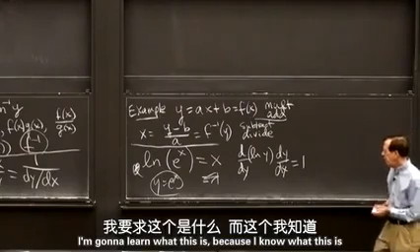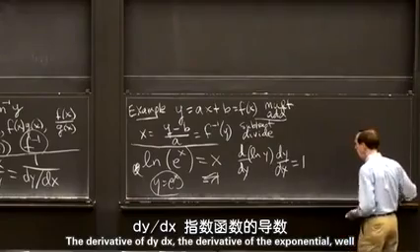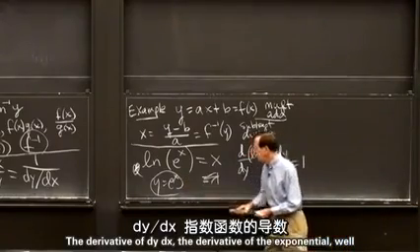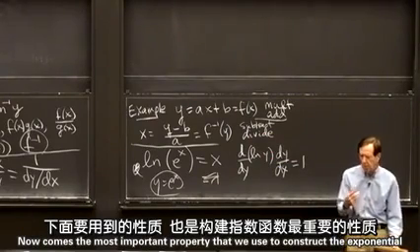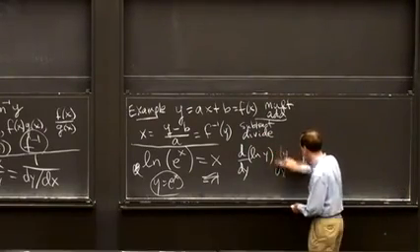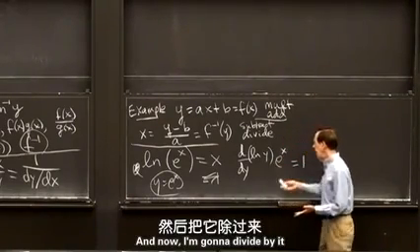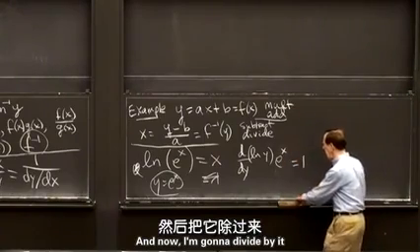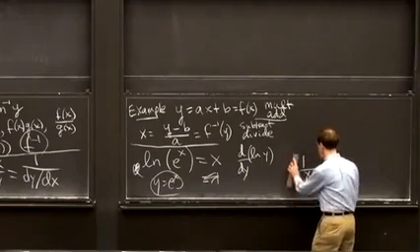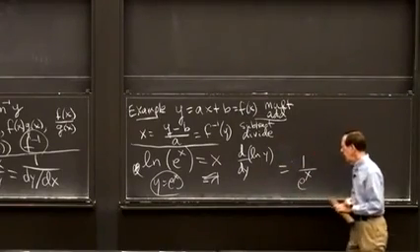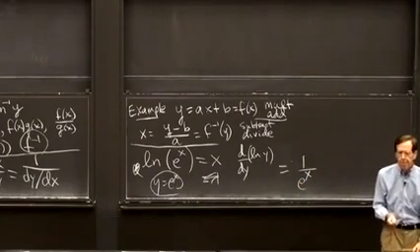Okay. Now I'm going to learn what this is, because I know what this is. The derivative of the exponential. Well, now comes the most important, the property that we use to construct this exponential. Dy dx is e to the x. No problem. Okay? And now I'm going to divide by it to get what I want. Almost. Well, I've got the derivative of log y here.